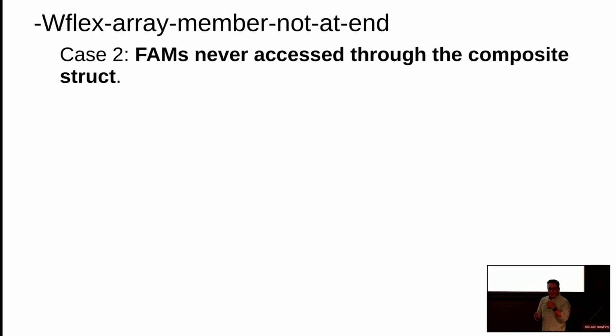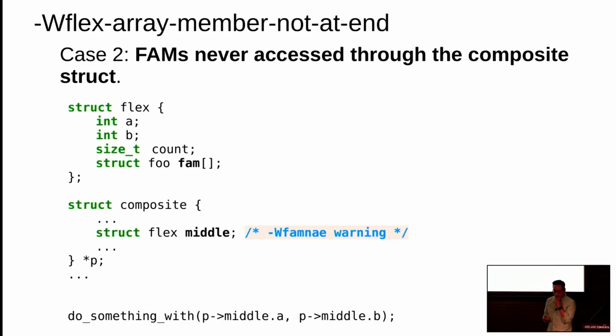Okay, the second category I found is when the flexible array member is never accessed through the composite structure. We can allocate heap space for the flexible structure and the flexible array member. However, when it comes to a composite structure, we actually never use the flexible array member. We might use the header part of the flexible structure.